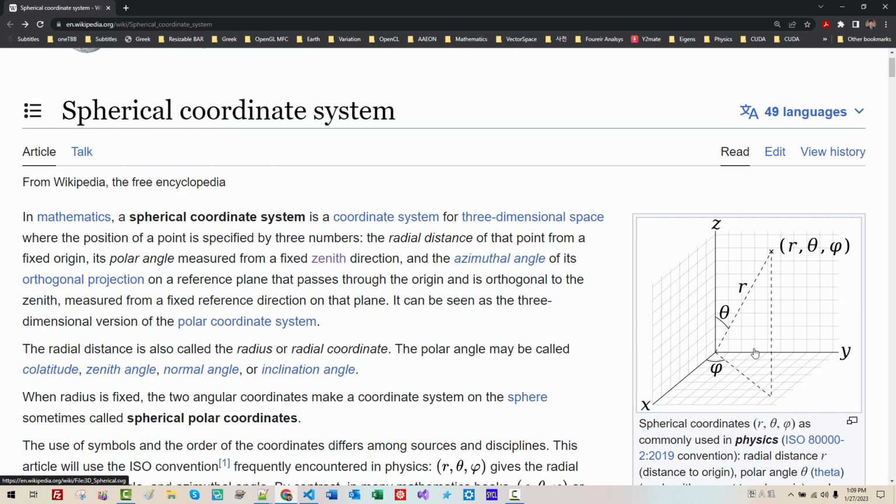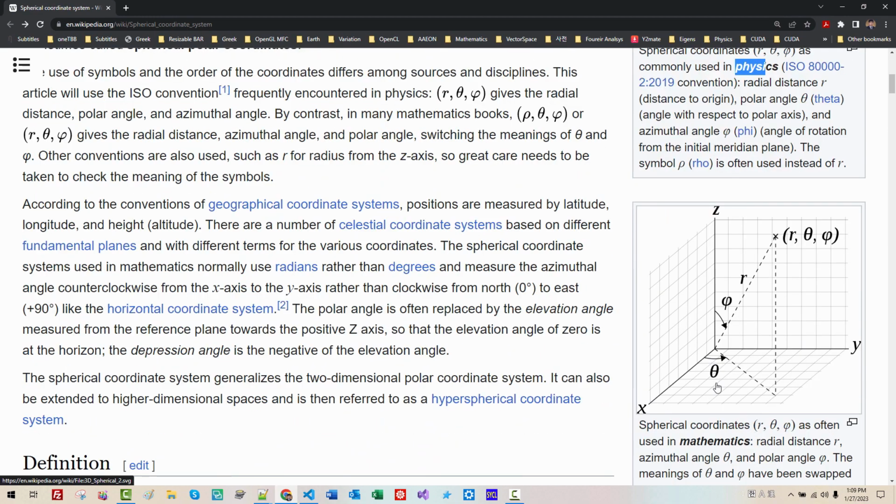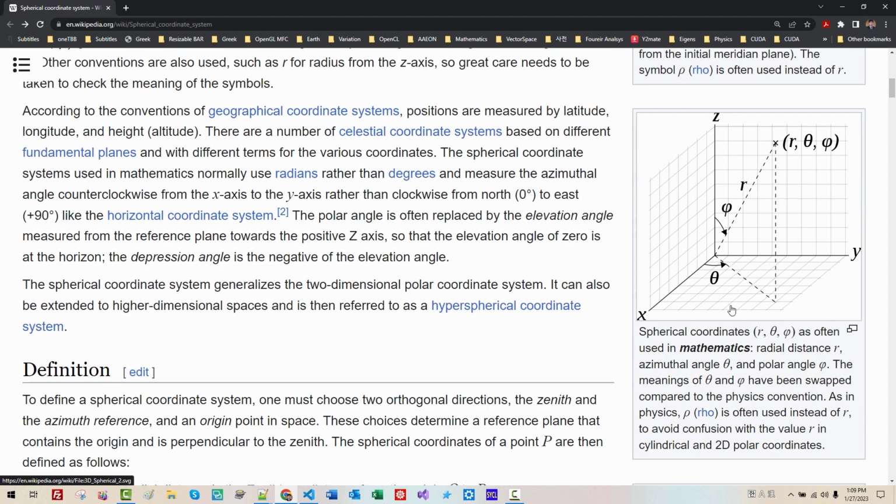Keep this point in mind. The symbols theta and phi used in physics are swapped with those symbols in mathematics. So you have to memorize the names, the meanings of the symbols.